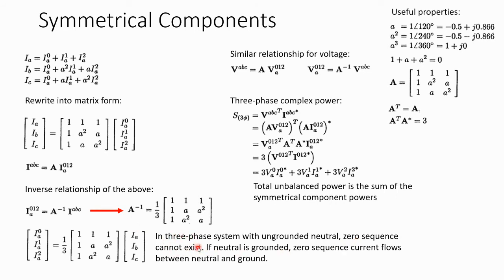Why is that so? Just imagine for a second you have a three-phase system that is unbalanced, and the neutral is not grounded. In such a system, the unbalanced current has no other way to flow other than in the system only.